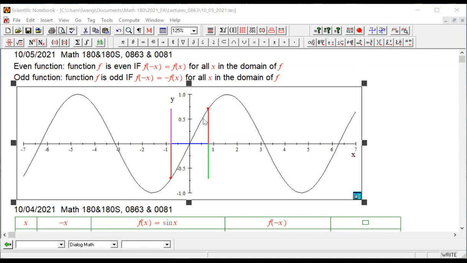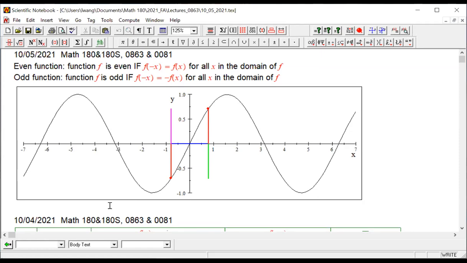So previously, this piece is f of x, however I mark it, three situations, which tells if it's an odd function, there are three different forms you can write it.